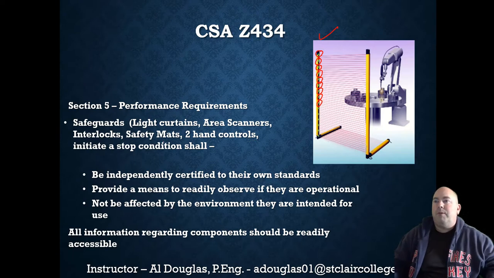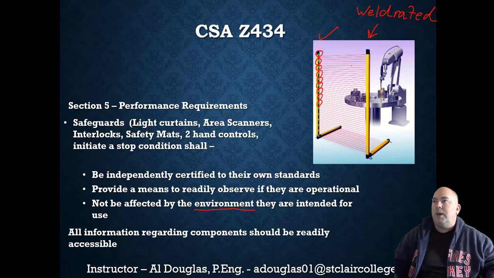They must not be affected by the environment they are intended to be used in. So if this is being used in a weld cell, it must be rated to be used in a weld cell. Okay, so it must be weld rated.